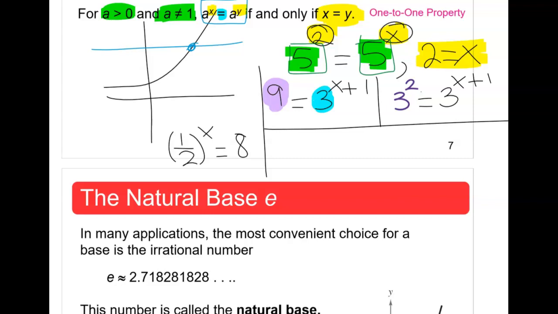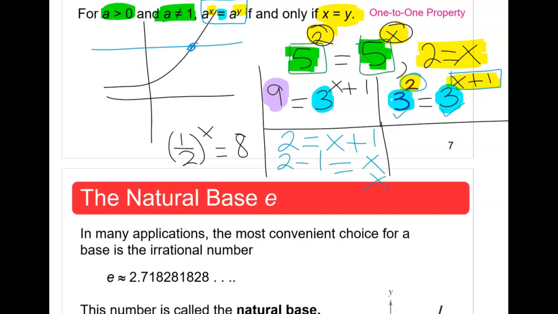Now that we see that our bases are equal on both sides, we can create a new equation that just comes from the exponents. 2 equals x plus 1, because we're saying is 3 equal to 3? Yes. So 2 must equal x plus 1. Then we have a linear equation, 2 equals x plus 1, and this turns into x equals 2 minus 1, which is x equals 1. And that is the answer.